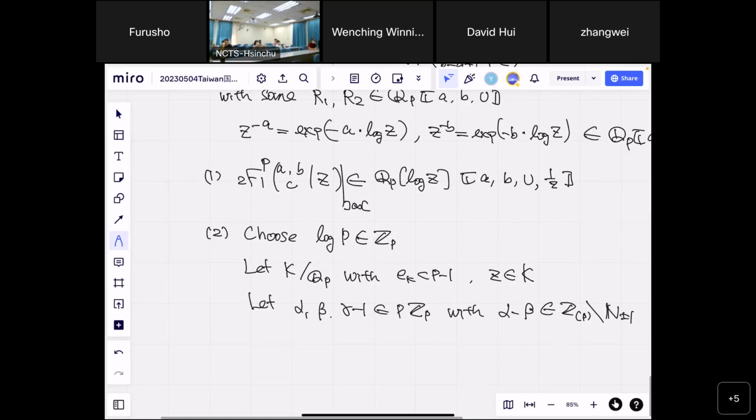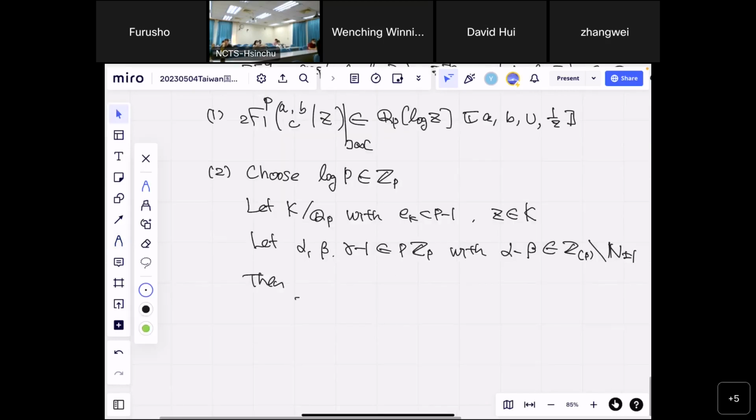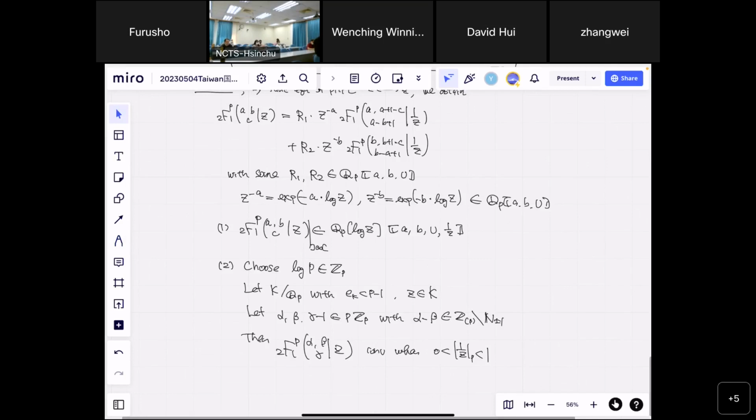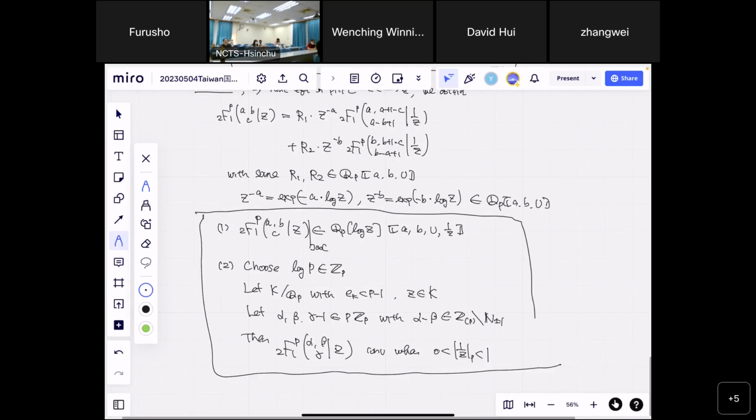Then this p-adic hypergeometric function always converges. This is what I have shown: the local behaviors at infinity.